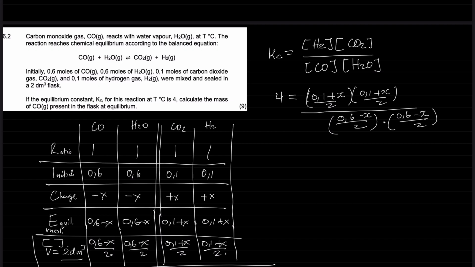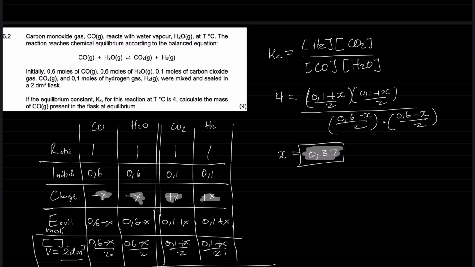Now you can substitute this in your calculator and solve for X. X will give you 0.37, and this represents the change. So this X value is these X values right here.